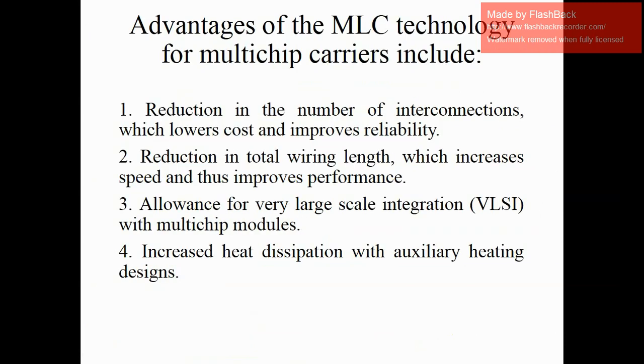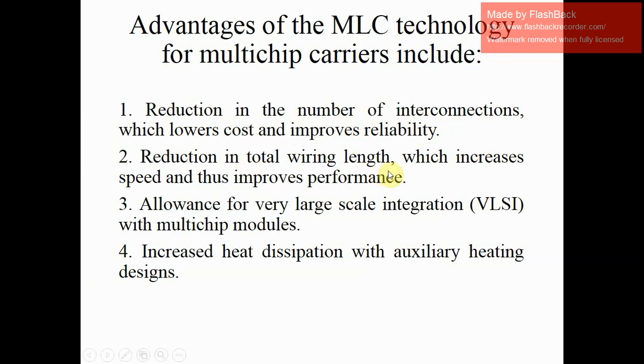Another one I have used is the advantages of multi-layer ceramics technology for multi-chip carriers. It includes reduction in the number of interconnections, which lowers cost and improves reliability. This is a very important parameter; the reduction in the number of interconnections lowers cost and basically depends on miniaturization.